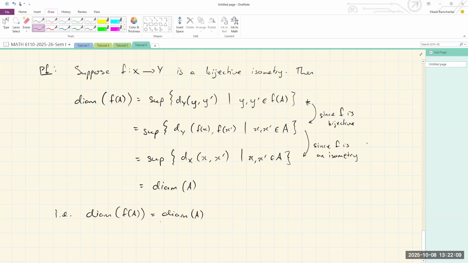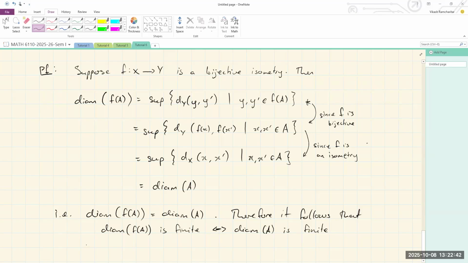So the diameter of f of A is equal to the diameter of A. Therefore, it follows that the diameter of f of A is finite if and only if the diameter of A is finite, because they're the same number. They are equal to each other.